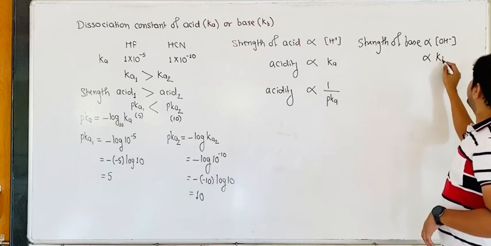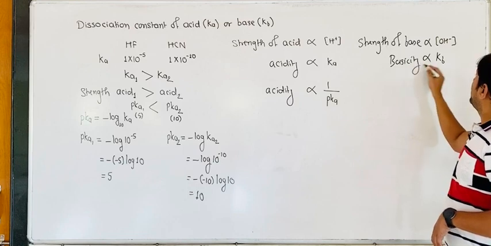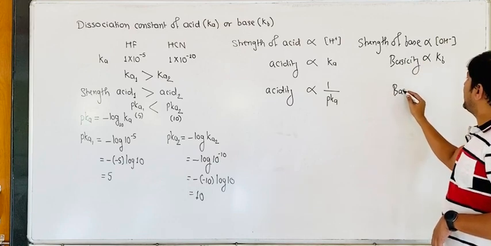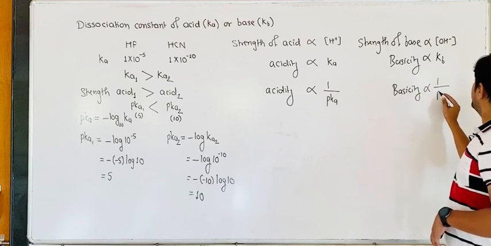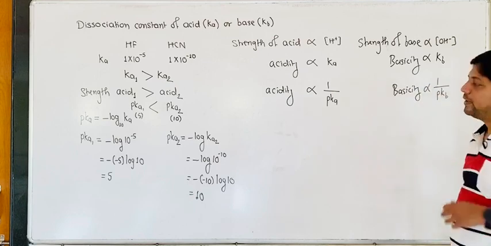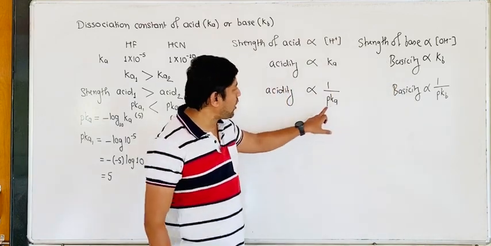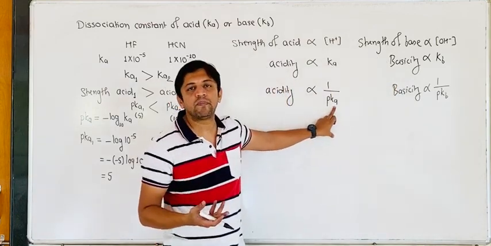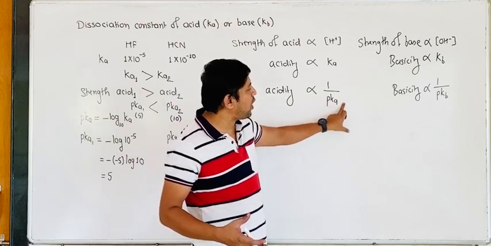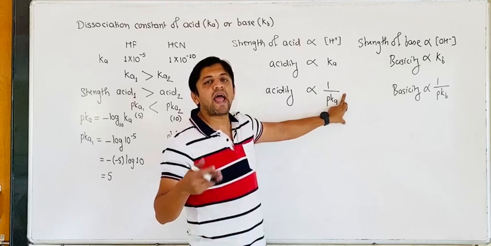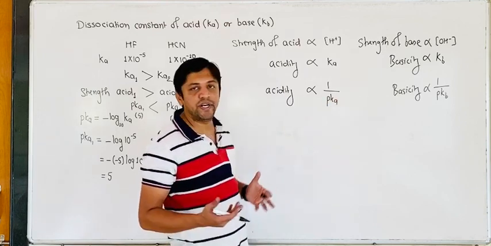Hence basicity is directly proportional to Kb, or we can write that basicity is inversely proportional to pKb. When acids are arranged in increasing order of their pK values, we are actually arranging the acids with decreasing acidity.